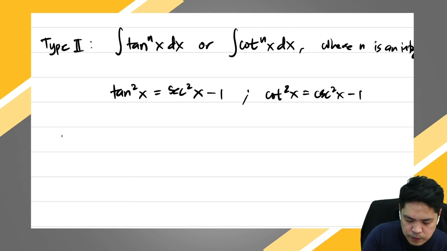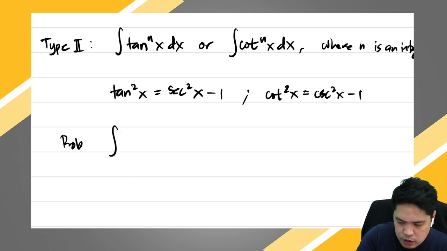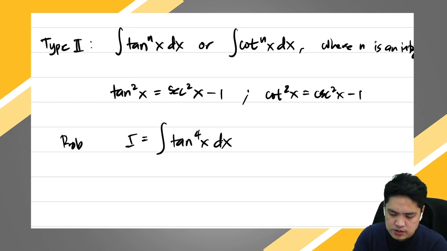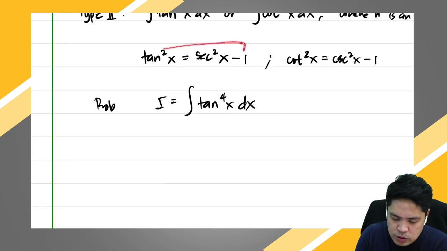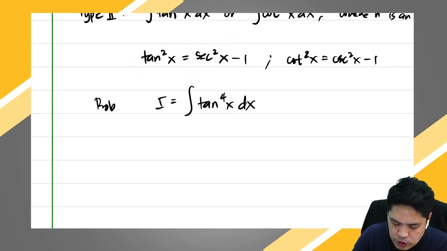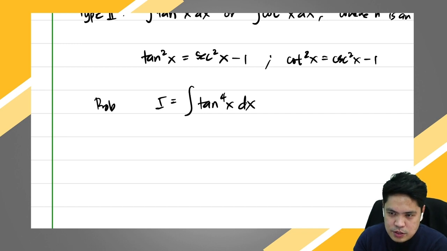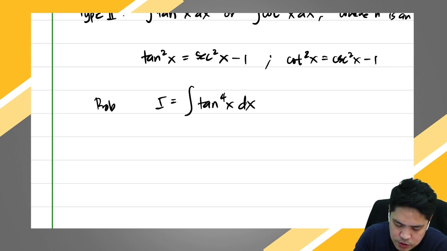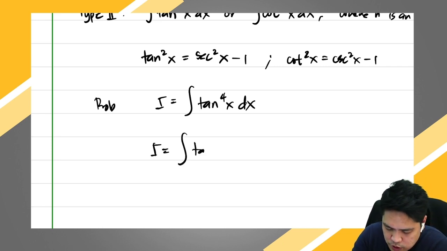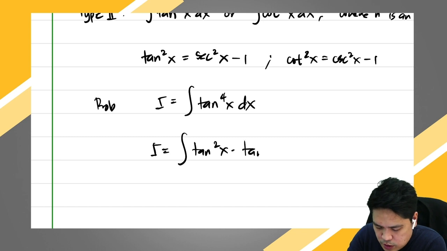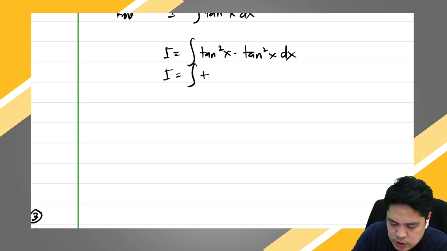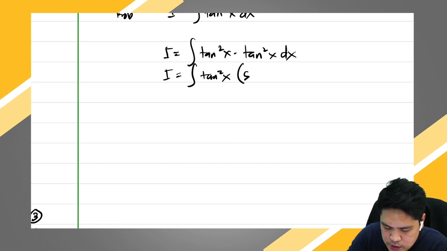Okay, example tayo. Suppose we have the integral, or I is equal to the integral of tangent raised to 4x dx. So we'll try to use this. We know that tangent squared x is equal to secant squared x minus 1. So if we rewrite this as the integral of tangent squared x times tangent squared x dx, then we could substitute one tangent squared x as secant squared x minus 1 dx.